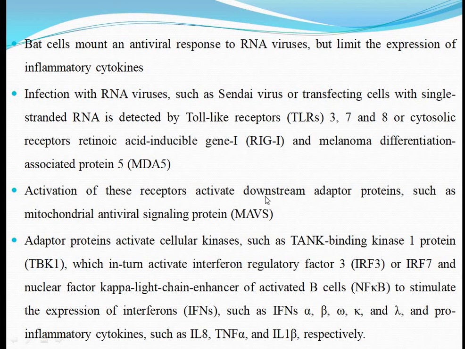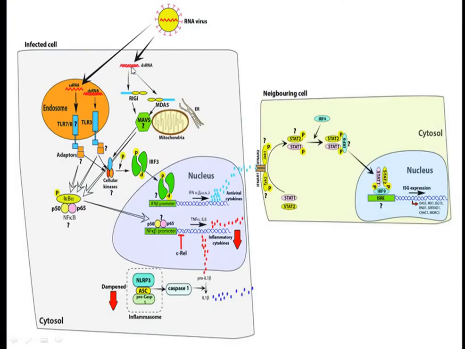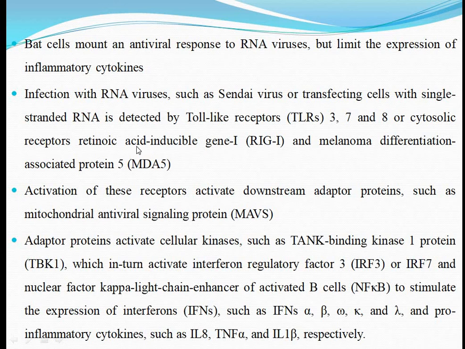Activation of these receptors activates downstream adapter proteins such as mitochondrial antiviral signaling protein. This is an RNA virus. Double-stranded RNA virus activates the retinoic acid inducible gene and MDA5 genes, which activate the MAVS, mitochondrial antiviral signaling protein.